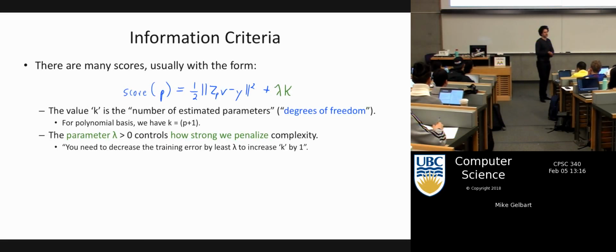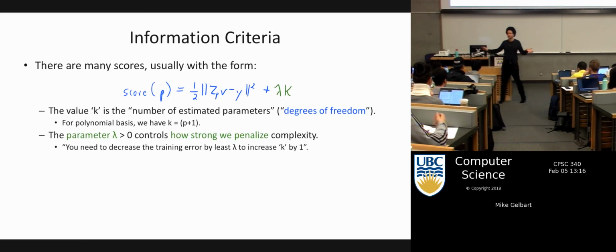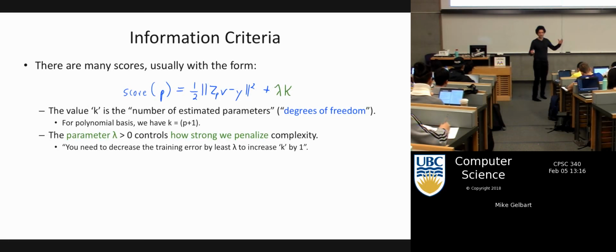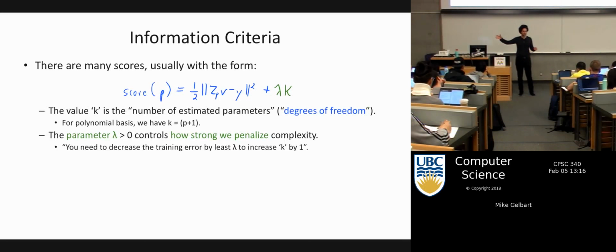So I'm just going to pick the least complex model available to me, maybe a degree 0 polynomial that's just the horizontal line. And I don't even care what the training data contains. So the two extremes, in a sense, are I only look at the data and try to fit it as well as I can, that's small lambda, to I don't even care what the data tells me, I just want the simplest thing possible, that's huge lambda.